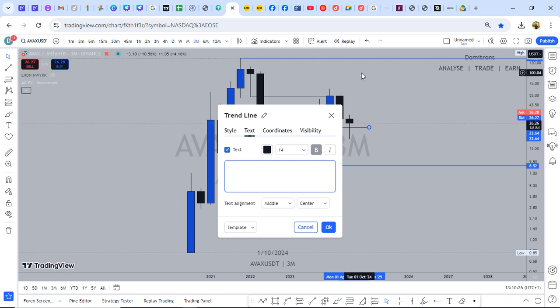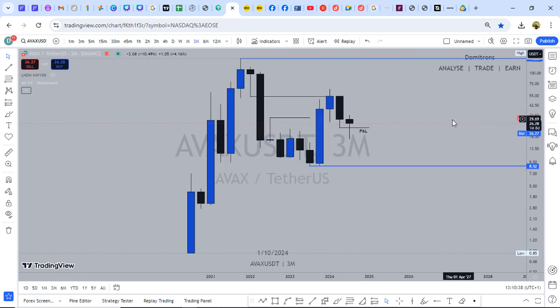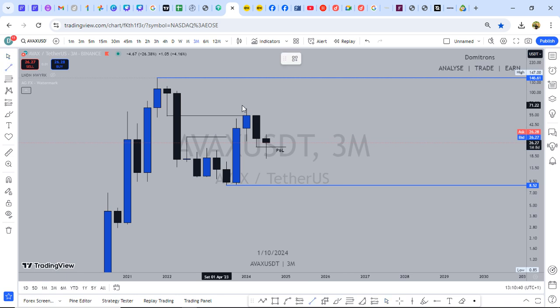Okay, so let me use that calculator so it will look obvious. Put it on the right, put this on the bottom. So that is the previous 6 months low.